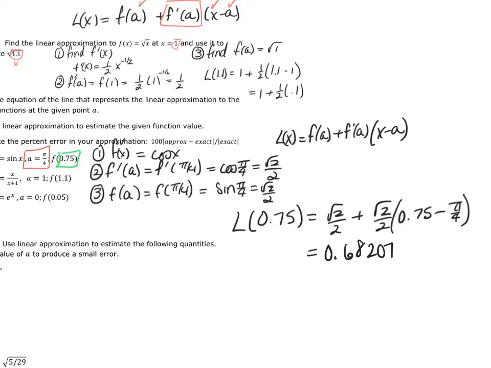Okay. Now that's a linear approximation. And on this question, we also want to know what the error is. The way that we find the error is the error is going to be equal to 100% multiplied by the absolute value of the approximate, which is 0.68207, minus the exact.